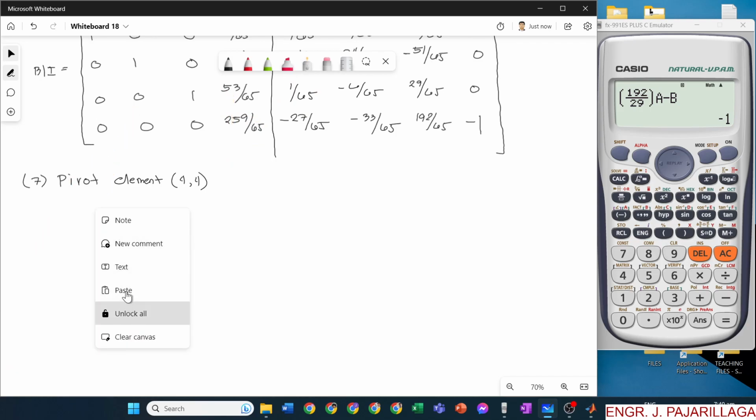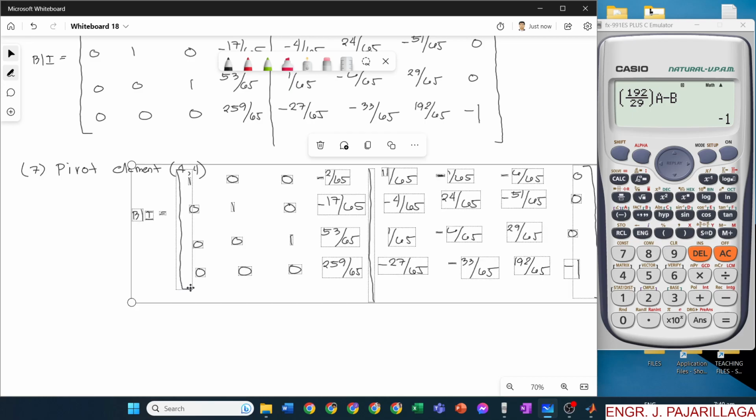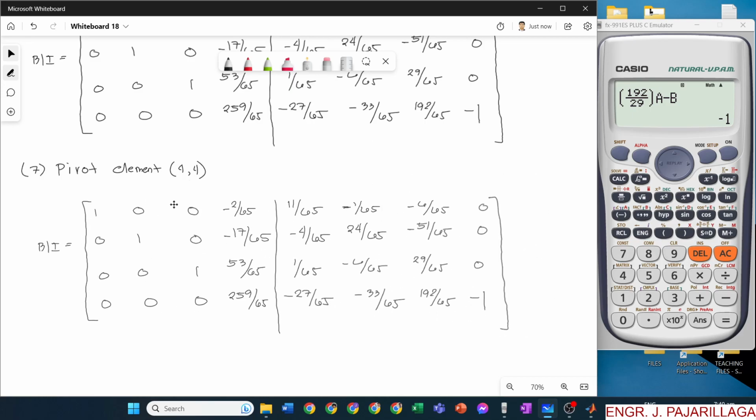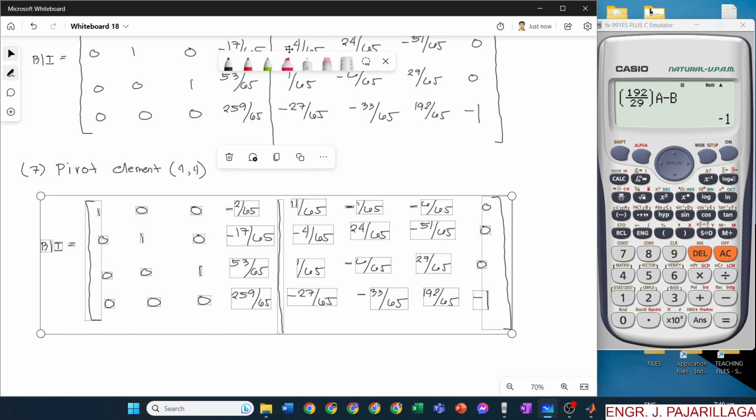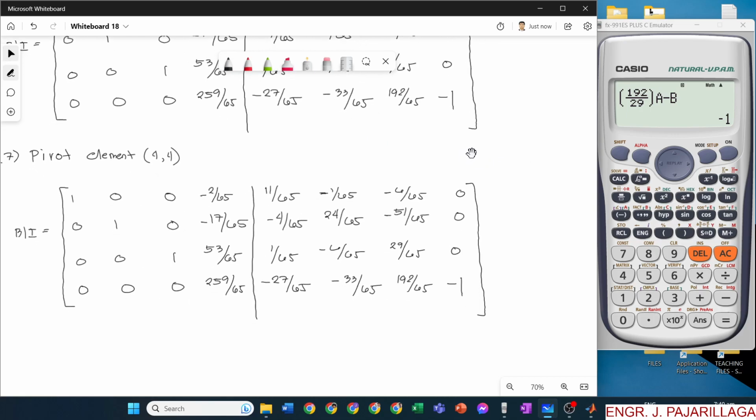Paste. Huwag ka namang mag-brush. Yan. So, paste natin. Ayan. Since pivot yung gusto nating gawing step dito, ipa-pivot natin yung row na to. So, there is no operation dito.